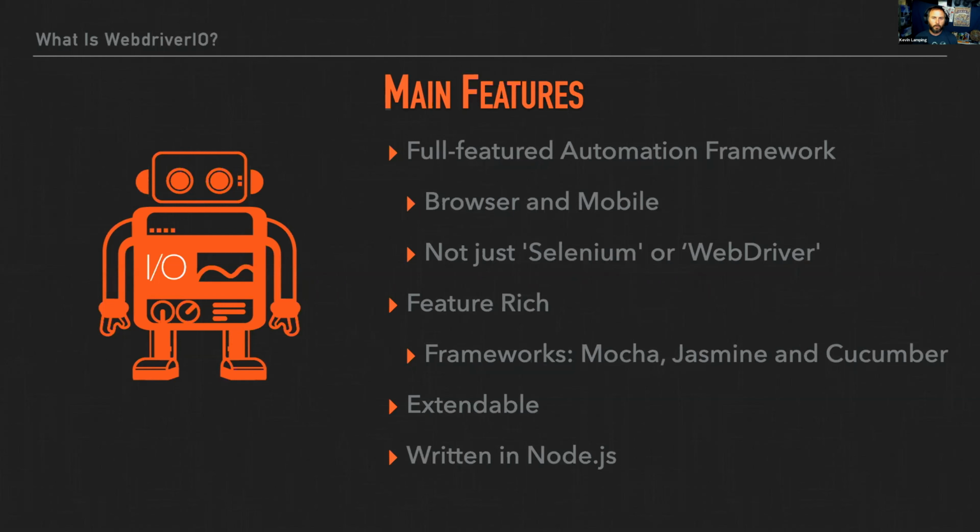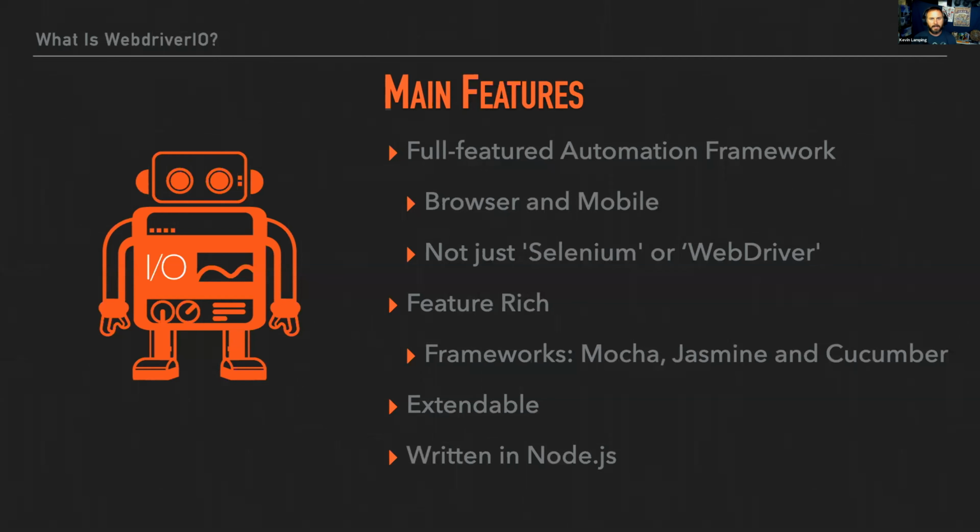But WebdriverIO has recently added support for the Chrome DevTools protocol and will be kind of expanding out support as these other packages become more popular. We're going to talk about Chrome DevTools more later in this presentation, but I did want to mention it here because that's one of the newer features of it, is that it's not just for WebDriver.